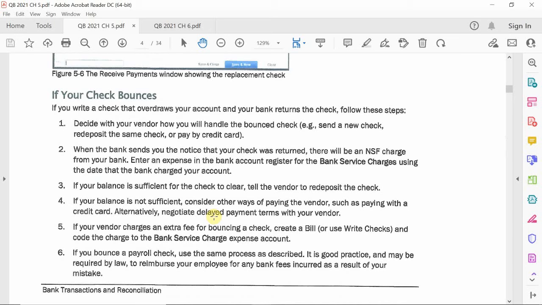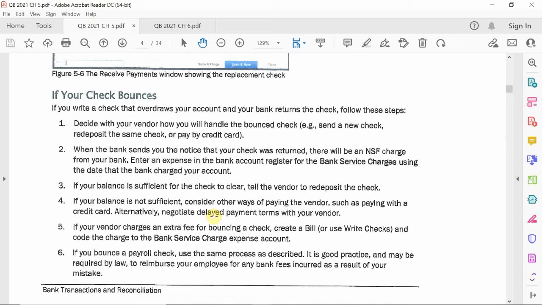But second thing too is they're probably going to charge you one way or another, whether they increase your minimum payment, charge you extra interest, or charge you a flat fee. Whatever it is, you're going to have to discuss it with your vendor.